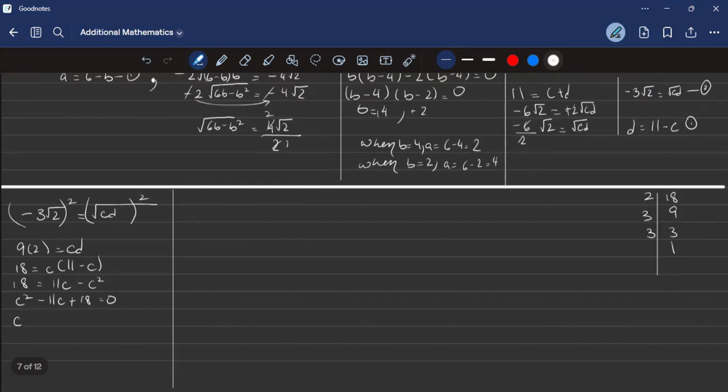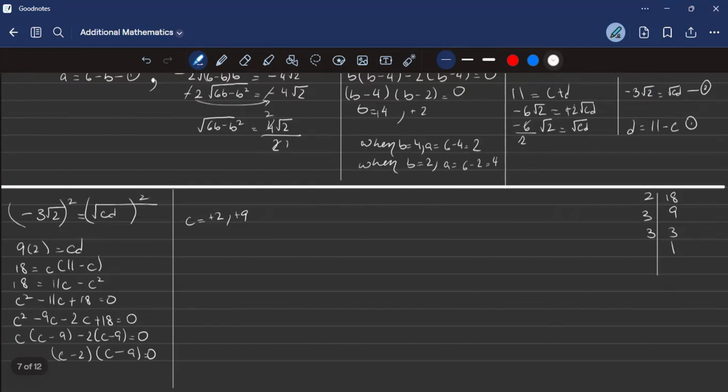So c squared minus 9c minus 2c plus 18 is equal to 0. c has the common c minus 9, minus 2 has the common c minus 9, is equal to 0. So c minus 2 is equal to 0, or c minus 9 is equal to 0. We're going to get two values: c is equal to positive 2 and c is equal to positive 9.